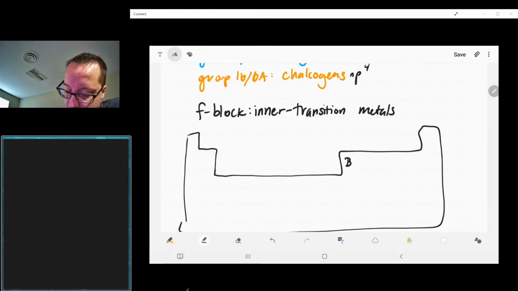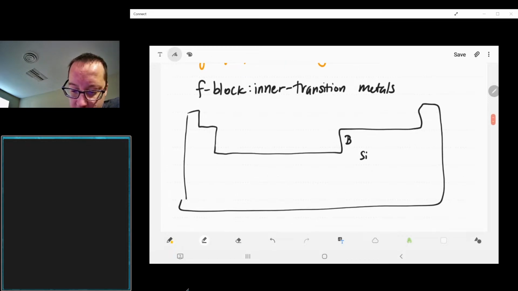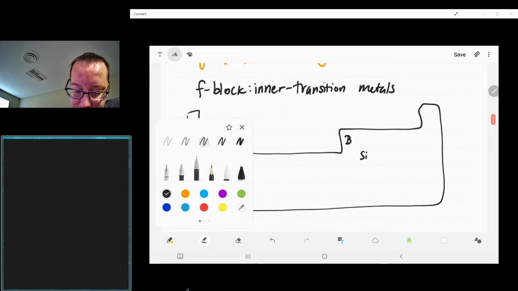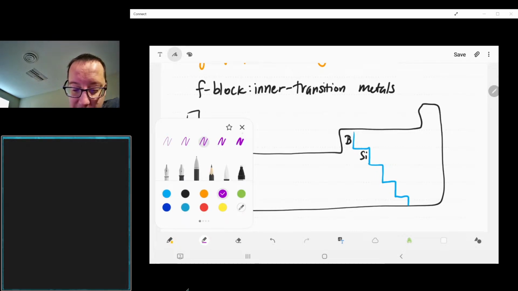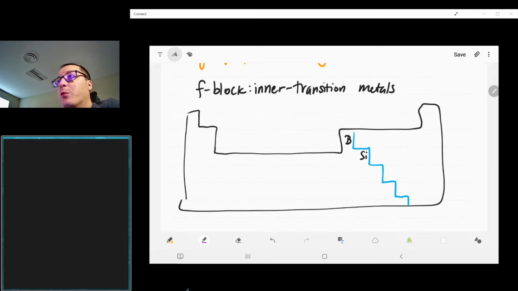Oops, not bromine, boron. Let's see, what is 14? Silicon. Okay. We're going to see that the periodic table is further divided, where we have this line going along boron and silicon there. Some people draw it on the other side, doesn't really matter.